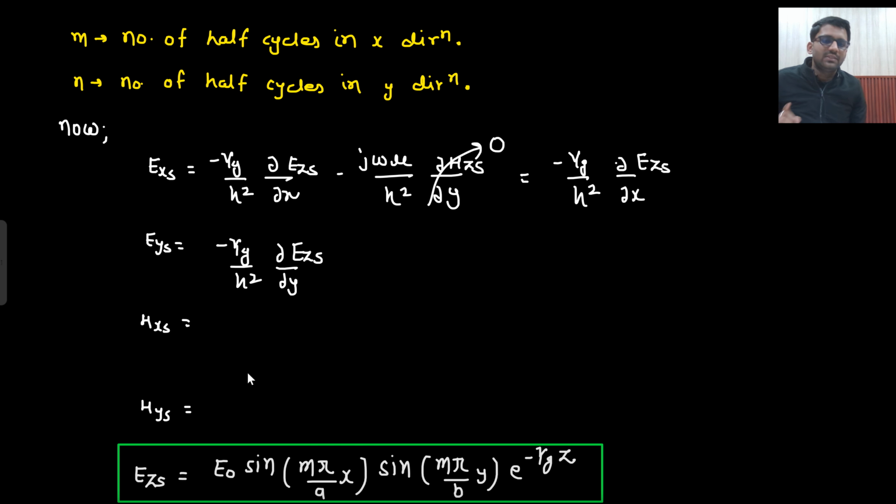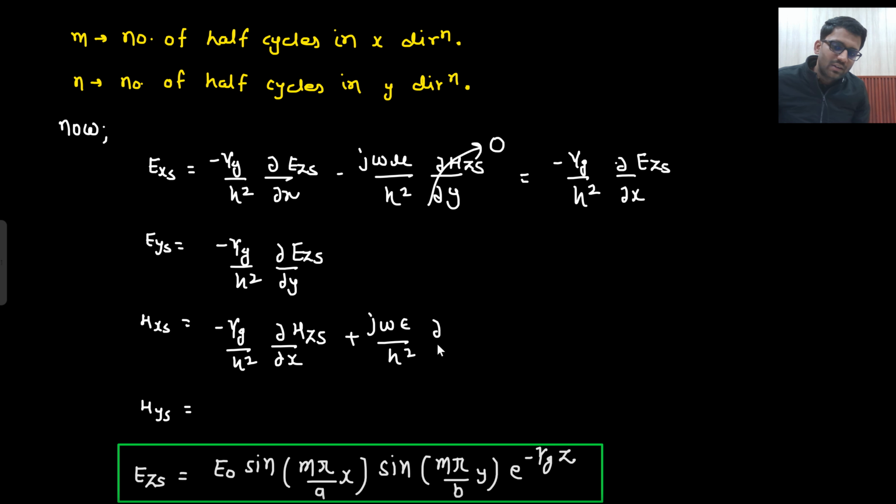Similarly, HXS. Here, minus gamma g upon h square, then del by del x of HZS comes, right? And then the sign will be positive. So j omega epsilon upon h square del by del y EZS. Just the opposite of this for x, y, HZS, EZS.